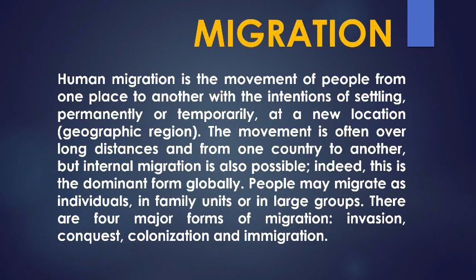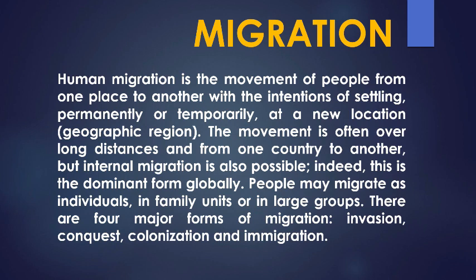So here is the definition of migration. Migration is the movement of people from one place to another for the purpose of taking up permanent or semi-permanent residence. It means people migrate permanently or for some period of time.